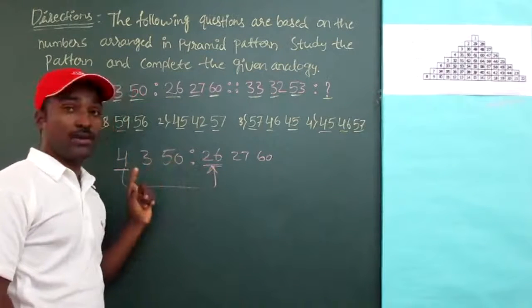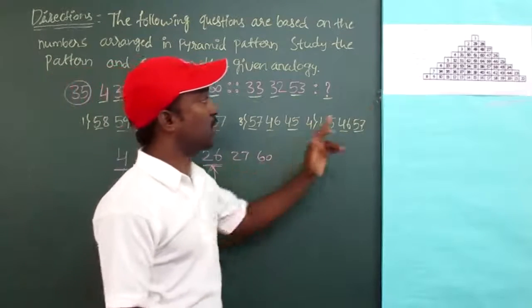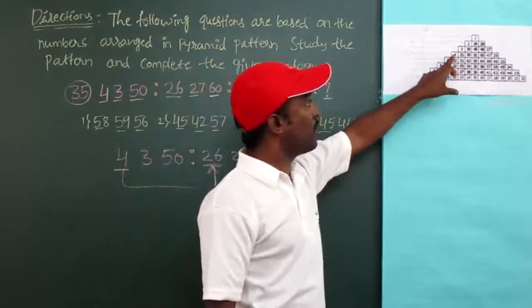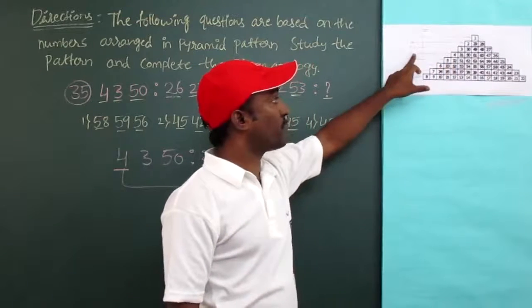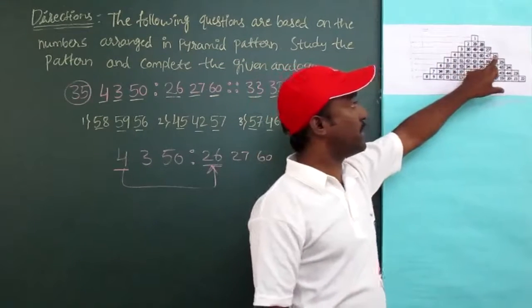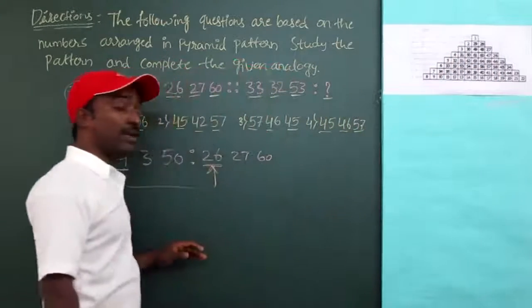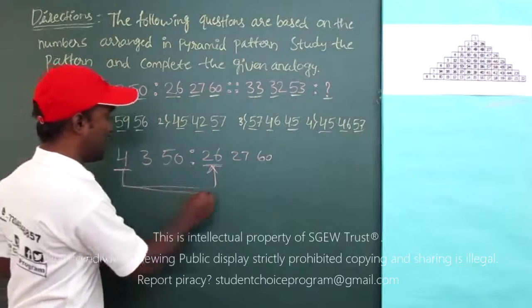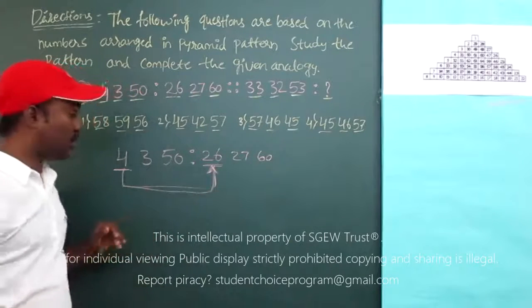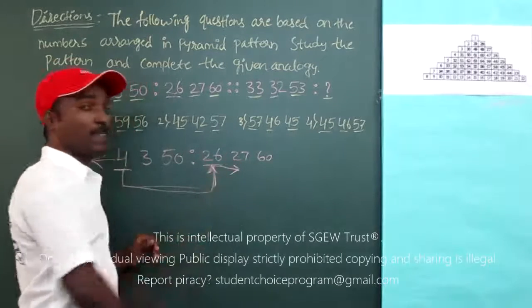How is this 26 obtained? If you see the pyramid, 4 is located at the extreme end of the 5th row and 26 is also located at the extreme end of the 5th row. There are no numbers before 4 and there are no numbers after 26.